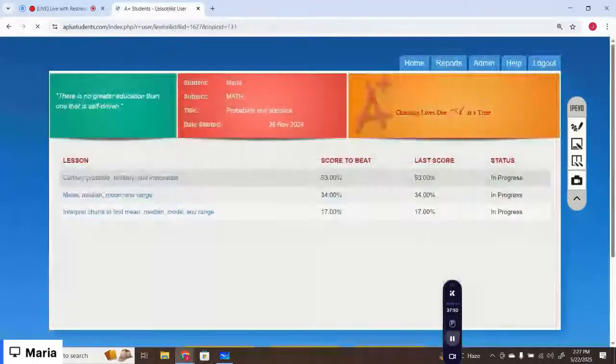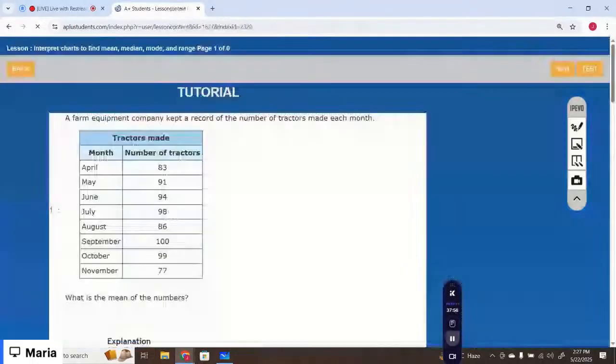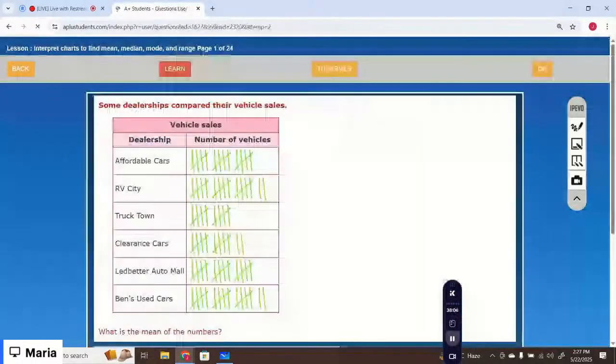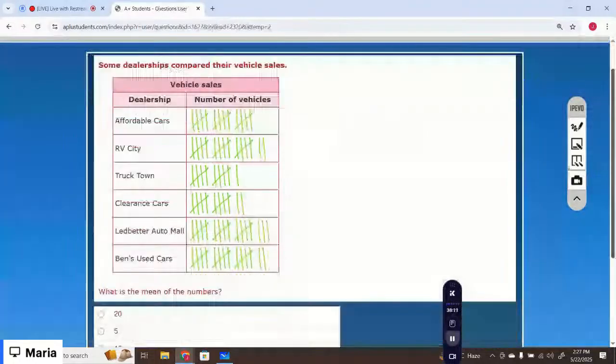Let me just interpret the chart to find the mean, mode and range. Let's just start with the test questions. Some dealerships compare their vehicle sales. What is the mean of the numbers?